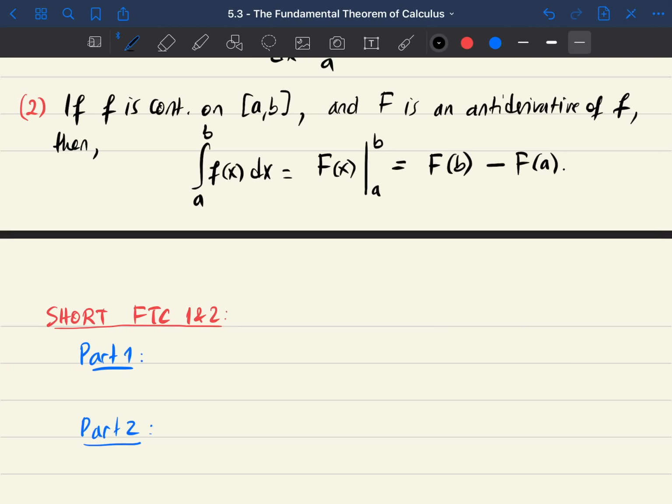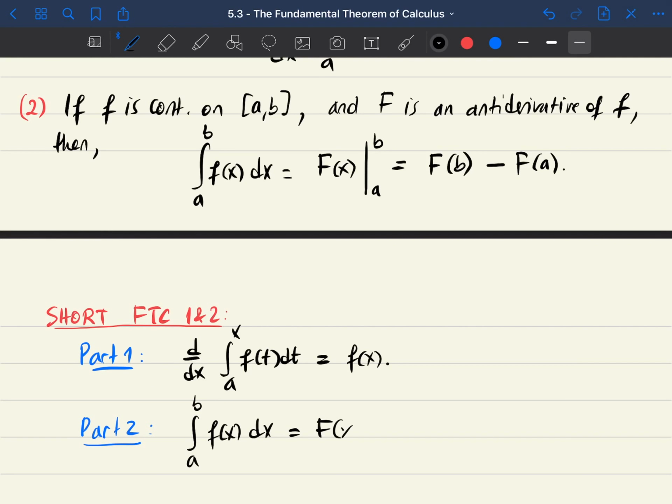So the first part says that the derivative with respect to x of the integral from a to x of f of t dt is equal to f of x. And the second part says that the integral from a to b of little f is the net change in an antiderivative.